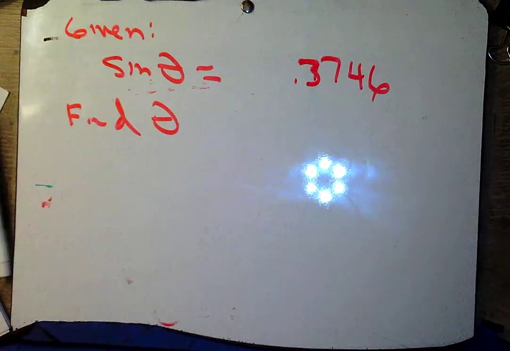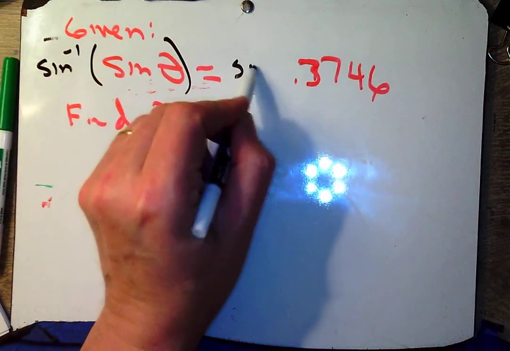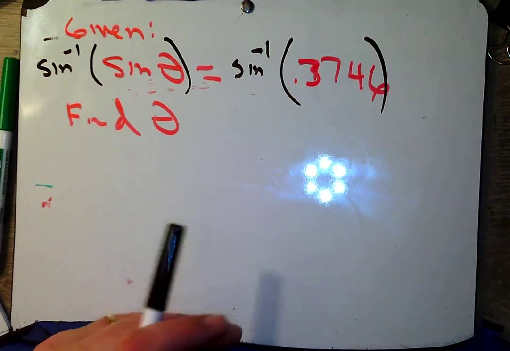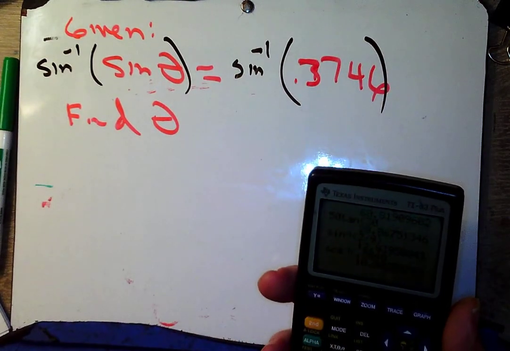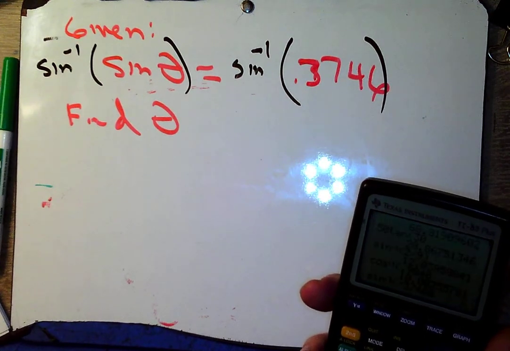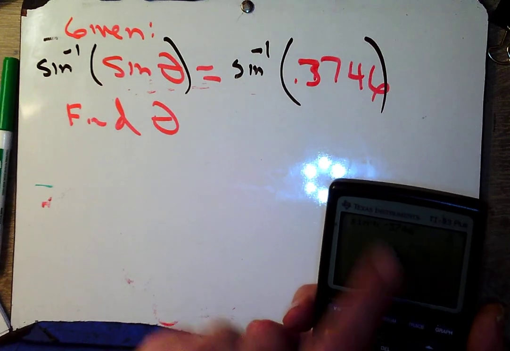Excellent. Did you take the inverse sine of both sides? If you do, you should end up with inverse sine 0.3746. I have a bad symbol there.